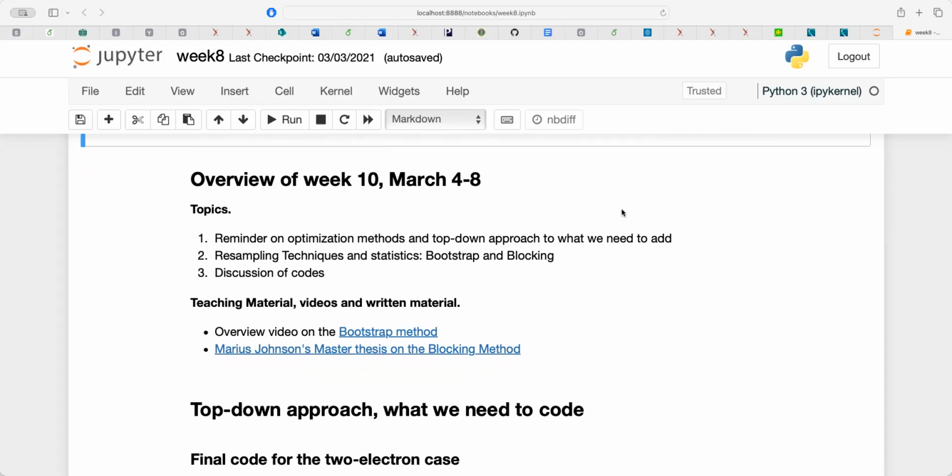He was extremely dissatisfied with the theorem and the proof applied in the paper. He revised the proof and found a better way of demonstrating the blocking method. That resulted in a scientific paper and his master thesis, simply because he was dissatisfied with the original paper by Flyvbjerg and Petersen.